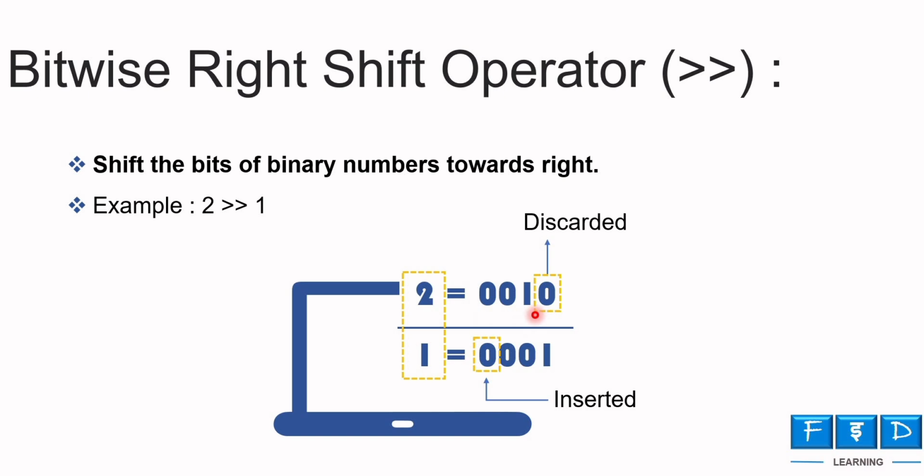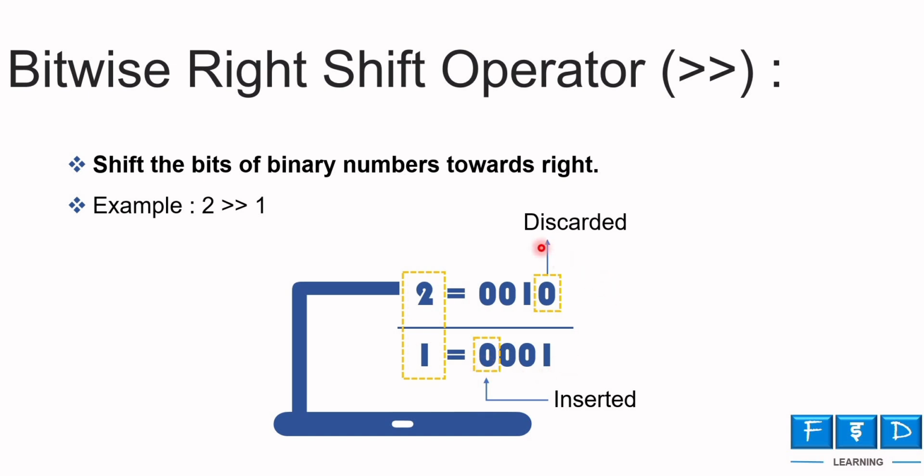Here you can see this time we have to shift the number towards the right. In this case, the least significant bit is discarded and this one will shift here, 0 will shift here, this 0 will shift here, and the first bit or the most significant bit becomes vacant, and the vacant digit is filled with 0. So we have inserted 0 at the first position.